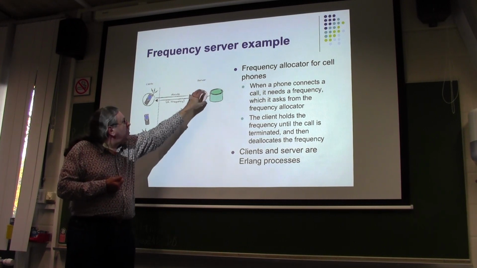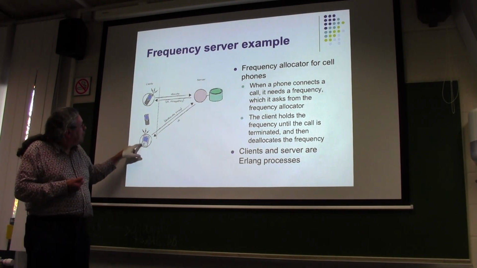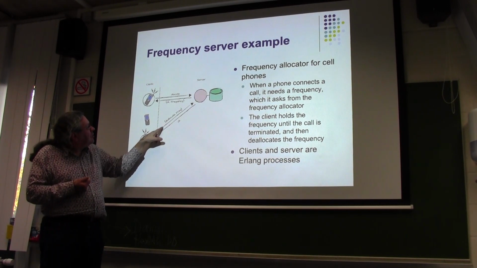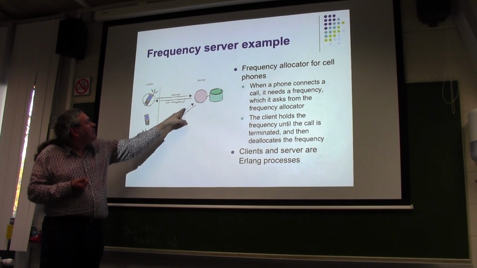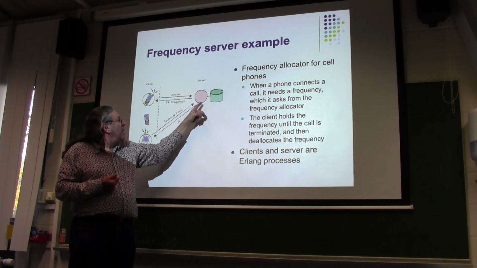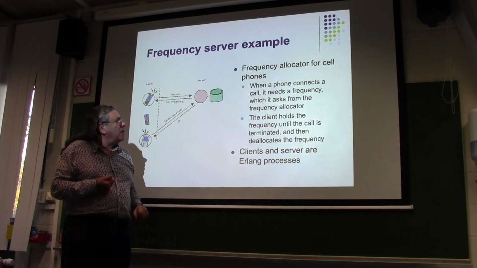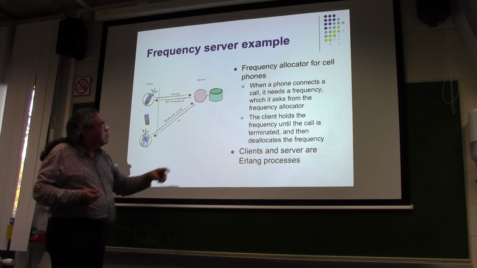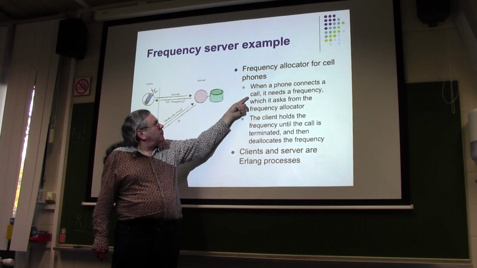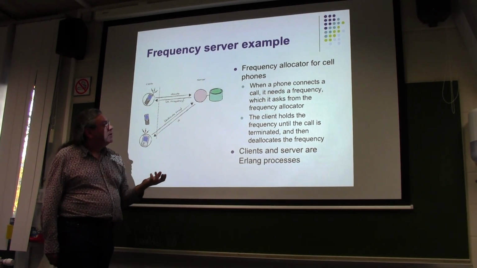So it's just like a simple database, actually. Then when the phone is done, it says, I don't need this frequency anymore, deallocate it. The server says, okay, the frequency is free again, and gives a confirmation, and then some other phone can use that. So when a phone needs a frequency, it asks the server, please tell me what is a free channel.